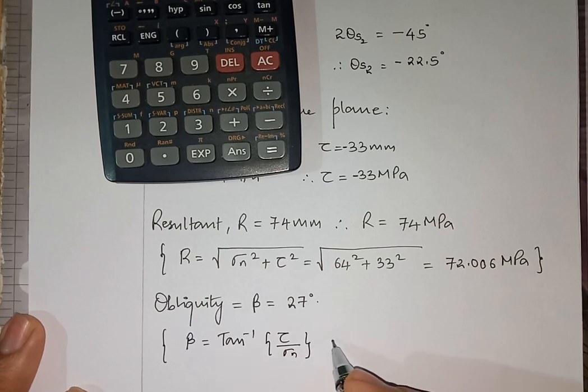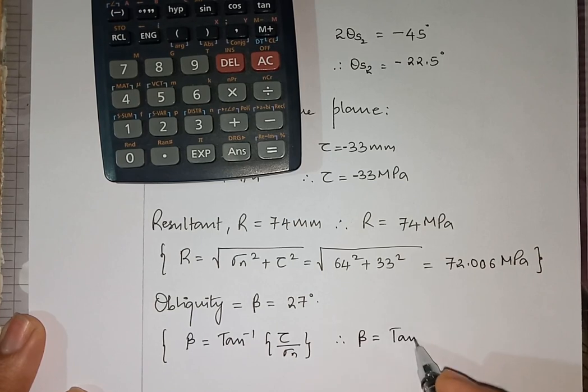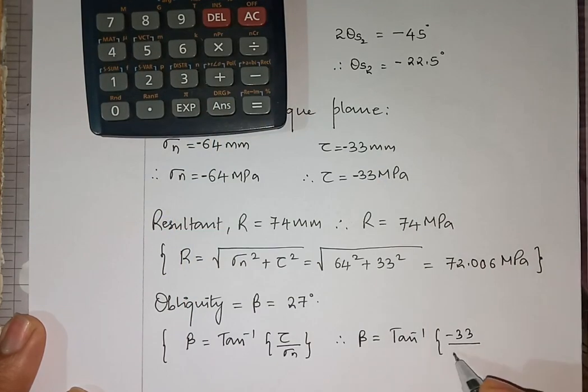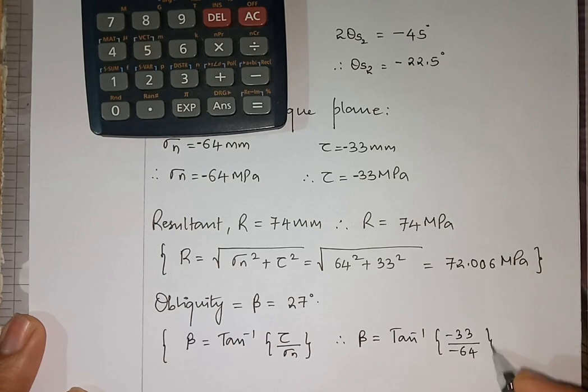So beta is tan inverse of minus 33 divided by minus 64.